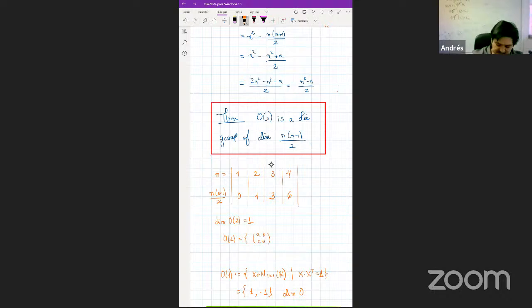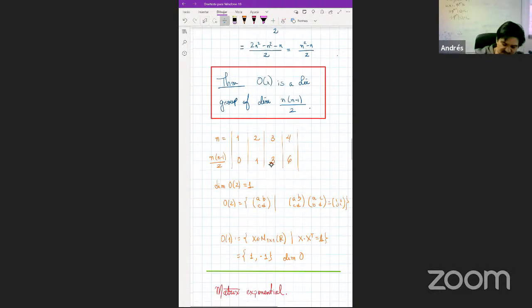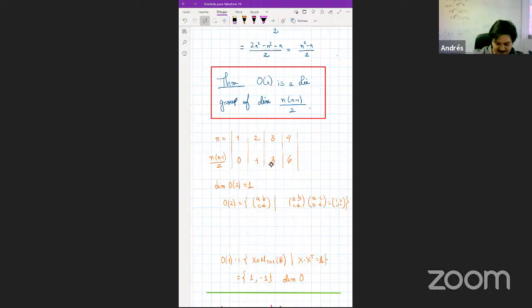It's a square matrix such that, right? And if you work out the equations, you will get a partial answer.